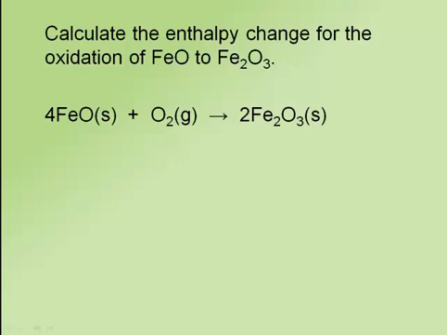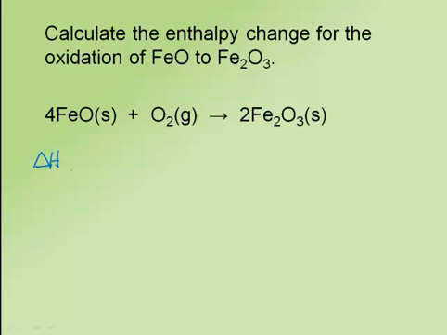Here, we need the heat of formation of 2 moles of Fe2O3, and we need to subtract from that the heat of formation of 4 moles of FeO. Why am I ignoring the O2? Because it's an element in its standard state, so its heat of formation value is 0.